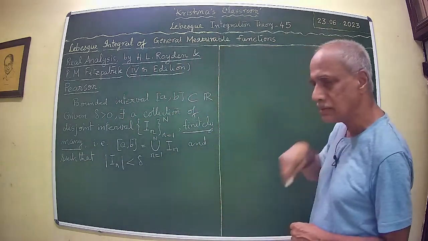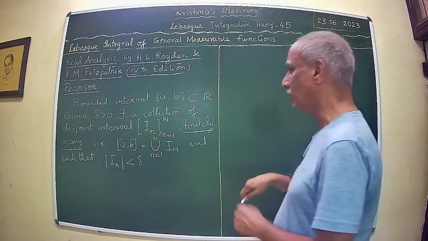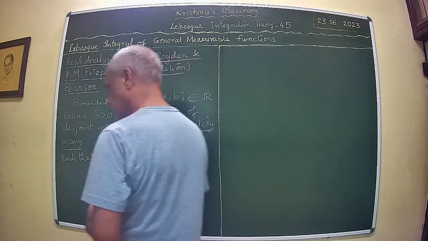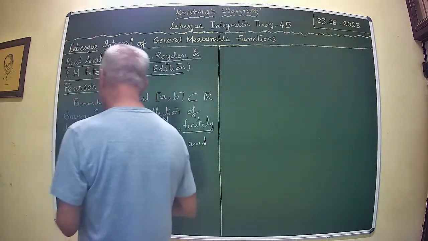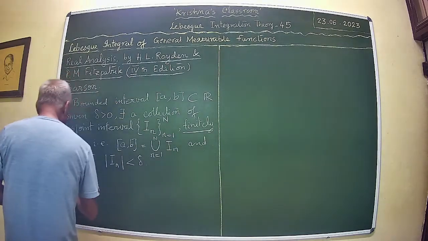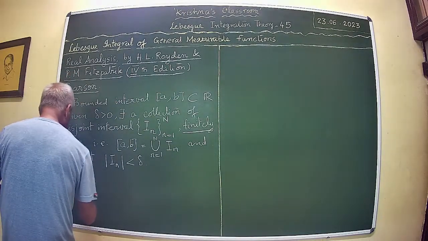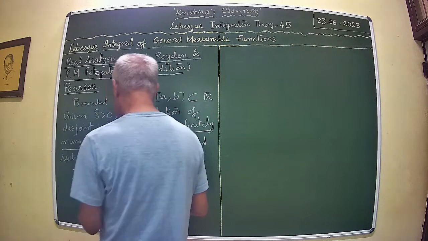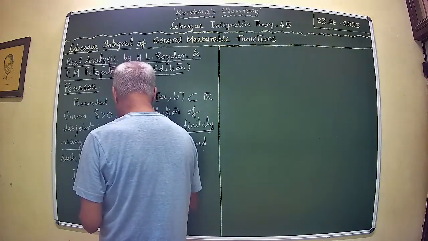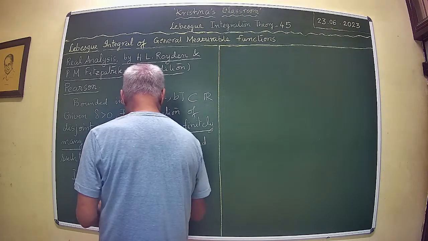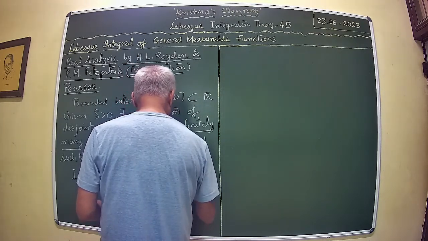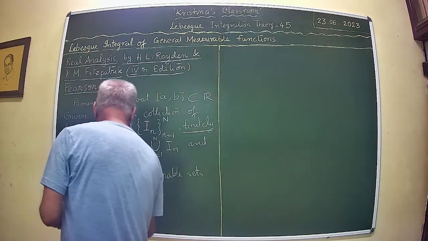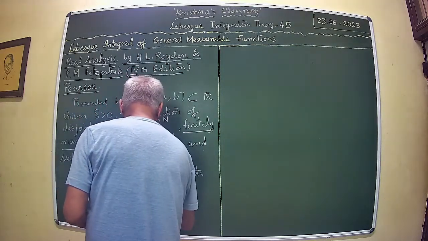What is the analogous result that you have in the context of what is called Lebesgue measure? In the context of Lebesgue measure, corresponding to intervals, you have what are called measurable sets. And corresponding to length, you have what you call the Lebesgue measure.